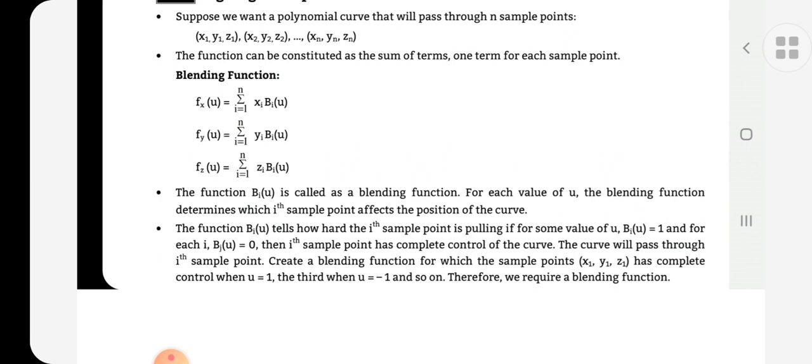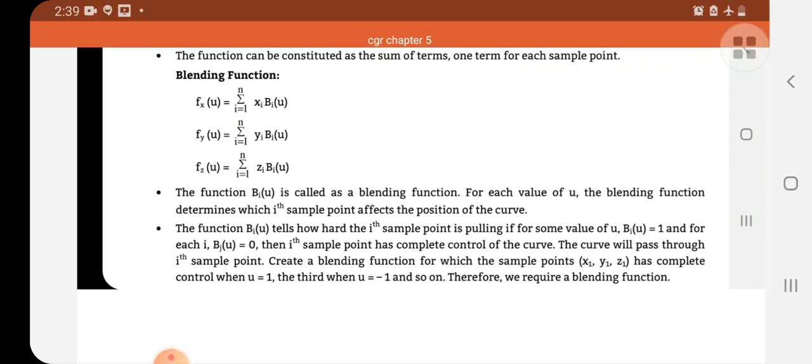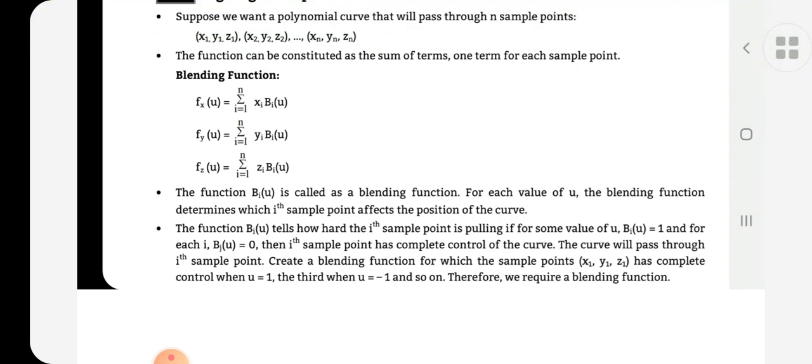For each value of u, the blending function determines which ith sample point affects the position of the curve. The function bi(u) tells how hard the ith sample point is pulling. If for some value of u, bi(u) is equal to 1 and bj(u) is equal to 0 for every other j, then the ith sample point has complete control of the curve.